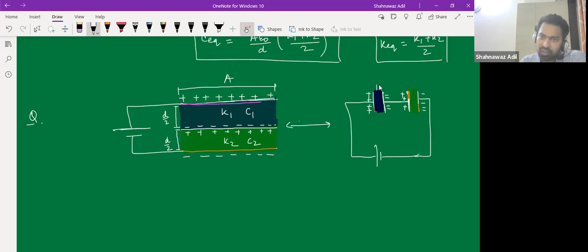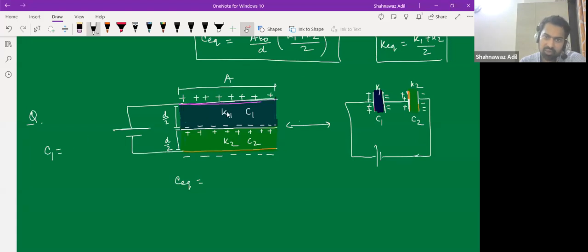Okay, so let us write down. This is K1, this is K2, this is C1, this is C2. Then we have to find out the equivalent capacitance. So please find out, Chavez, this time you do the calculation. Find out C equivalent, remembering that C1 would be how much?